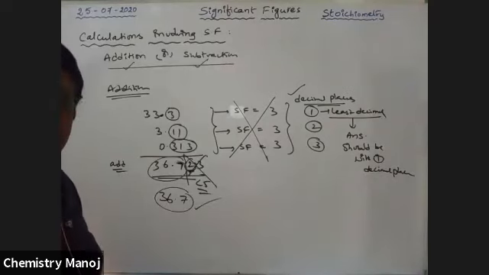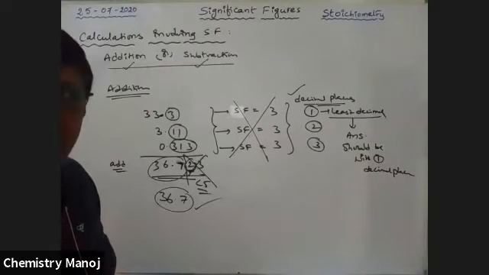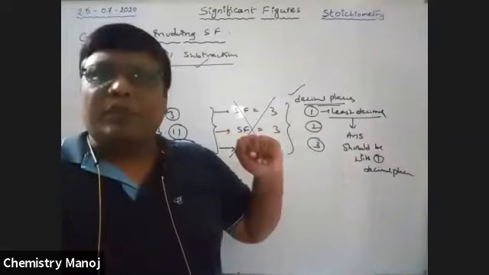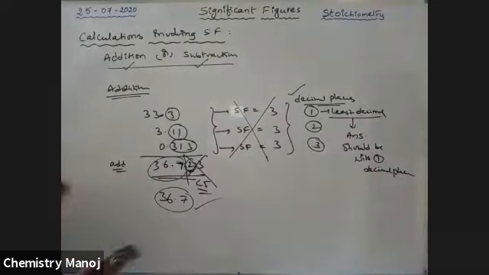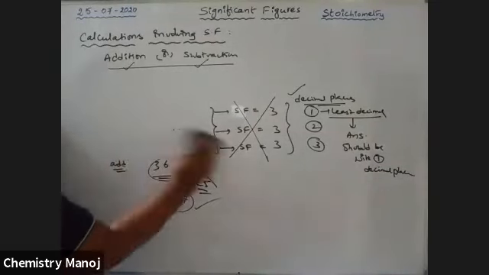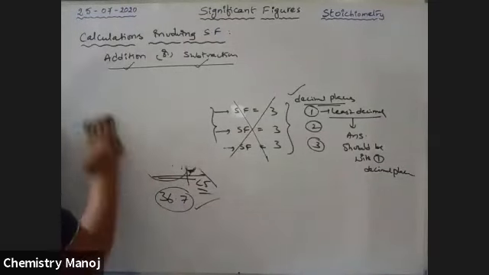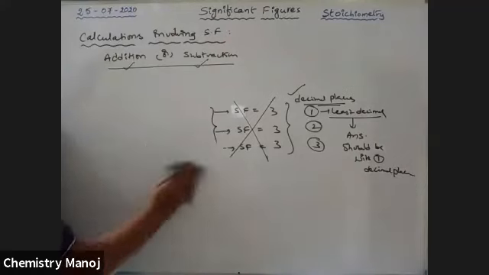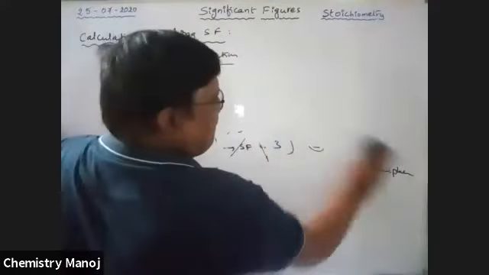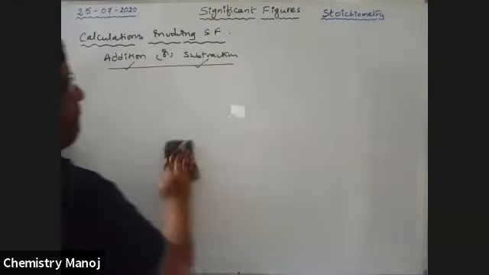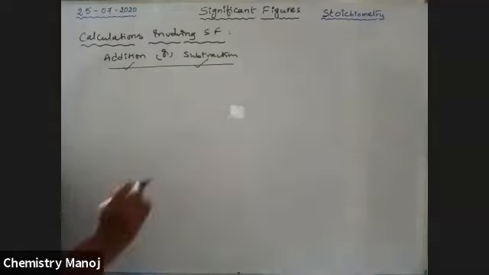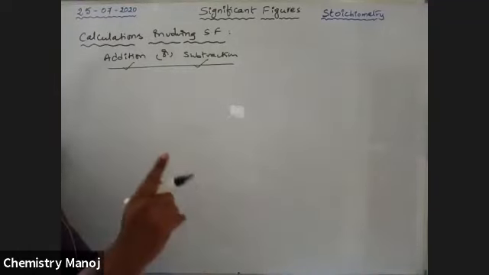So whether it is subtraction or addition, after the final addition or subtraction, the final value is given with respect to the least decimal place. I'm trying one example. See here. So during addition or subtraction, we must use decimal places.